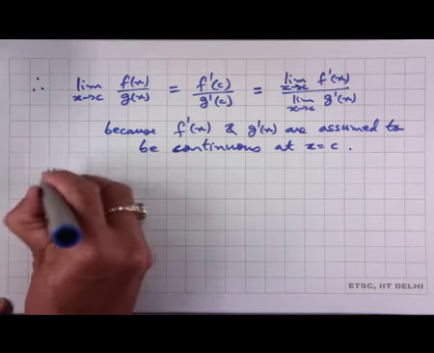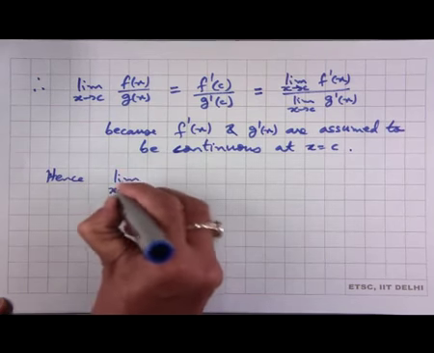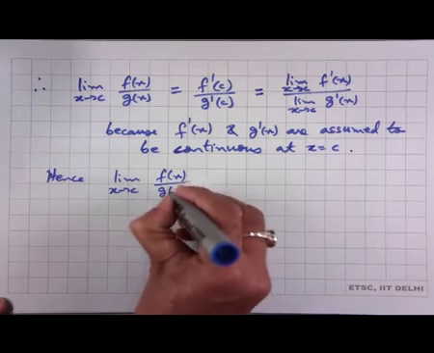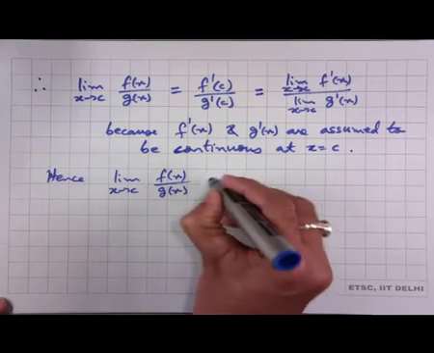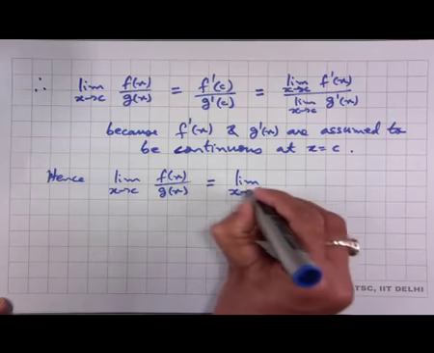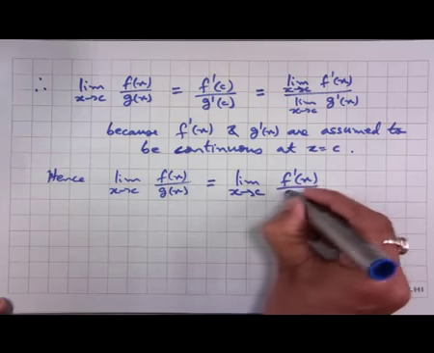Hence, limit of x going to c of f x by g x is equal to limit of x going to c of f prime x divided by g prime x.